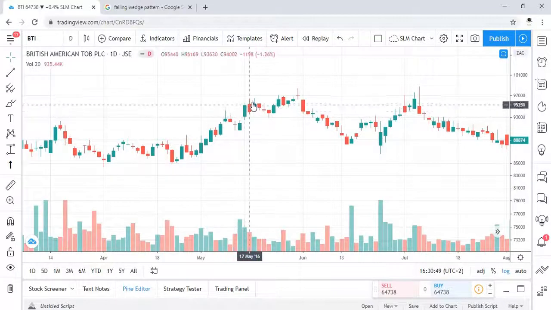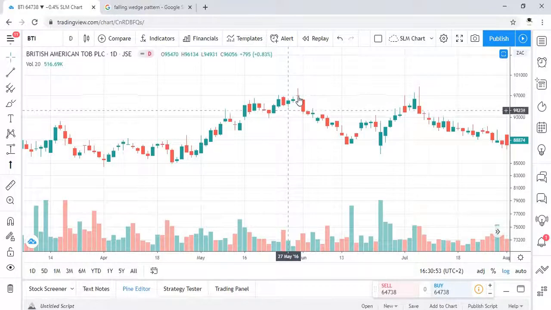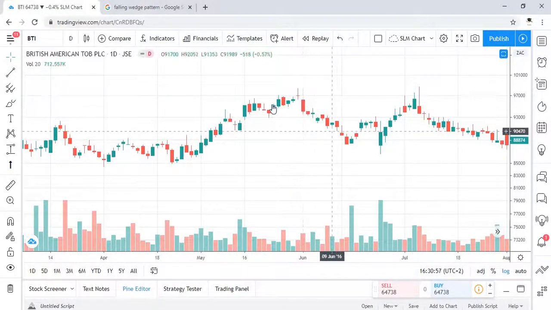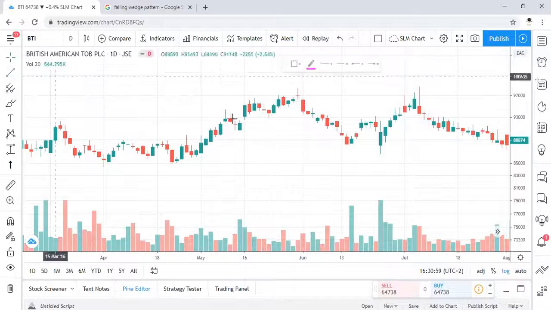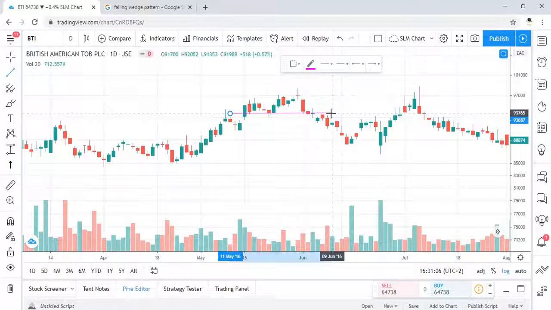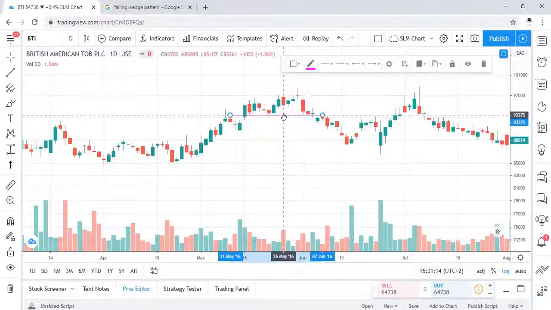So here we have price moving upwards, then it came down, it moved up again, came down a bit, moved up, then it moved downwards. So we can mark this as a point of a triple top. We can mark this point here as the intermediate low that was formed as price was moving into the top.